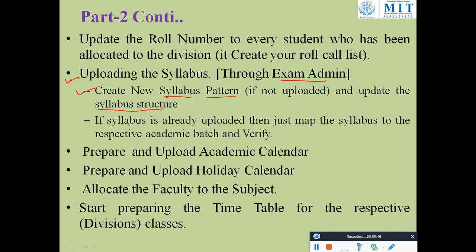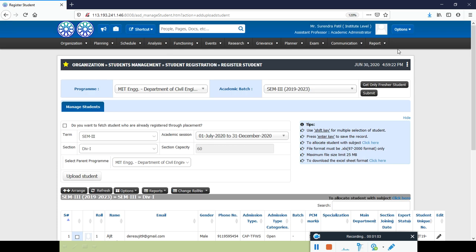Or if that syllabus is already there, you just need to check whether that syllabus is specifically mapped to a specific academic batch or not, and verify it. So let's see how you can do these two things by using the exam admin.